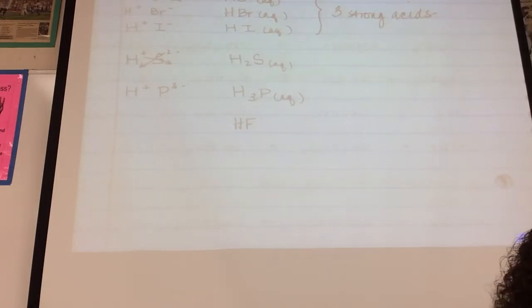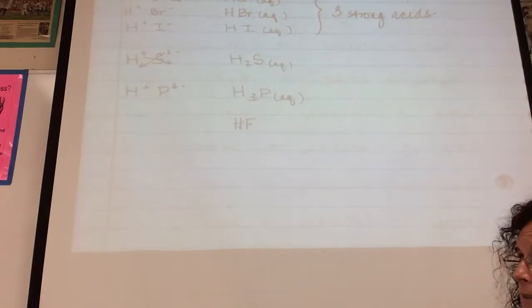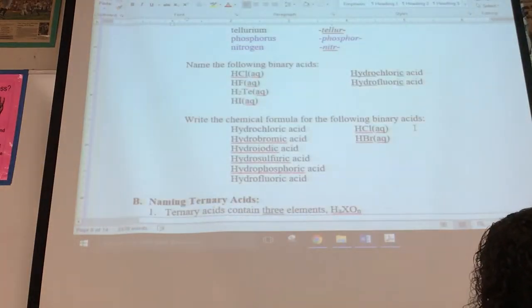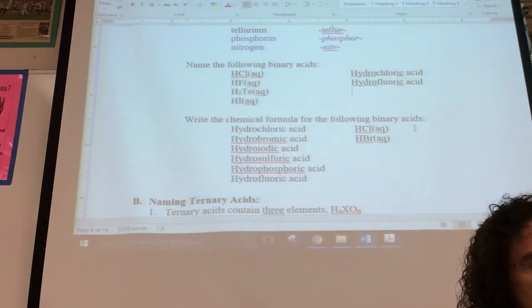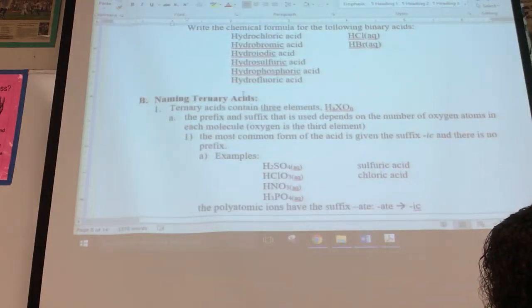Another grouping of acids are referred to as the ternary acids. And when you learn about 3, very often you think of the prefix tri, like a tripod, a tricycle, trifocal. But another prefix for 3 is ter.